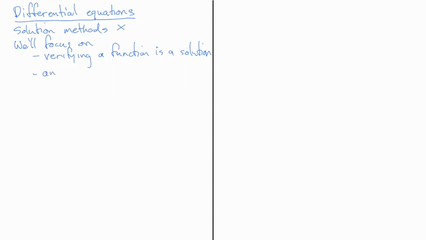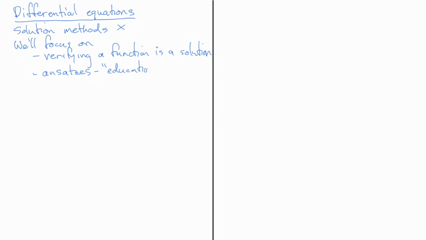And then another method, which is actually kind of a method for solving a differential equation, but it's kind of like verifying, and it's called an ansatz method. So using ansatzes, and these are really educated guesses.